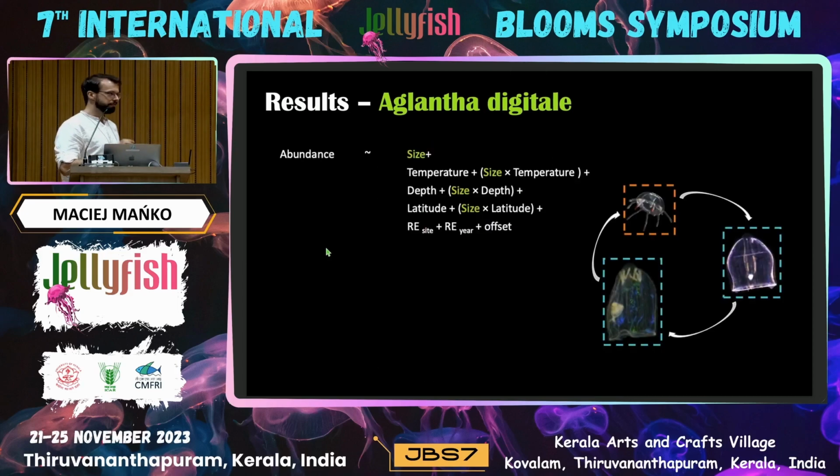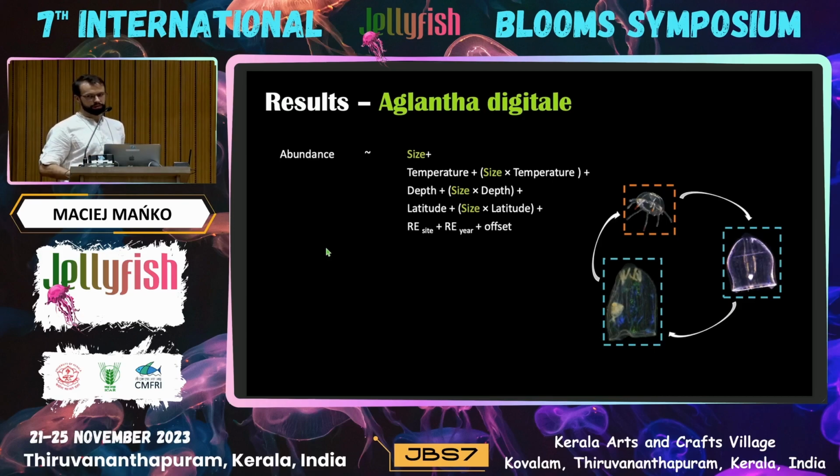And then the final confirmation, so this was a slight exercise that we did. So we were trying to use the presence and absence data as well as abundances of Aglantha. And we built this simple model trying to delineate the differences in response or ecological response of baby jellies and large jellies. So that's why we introduced this interaction term with all the variables tested.